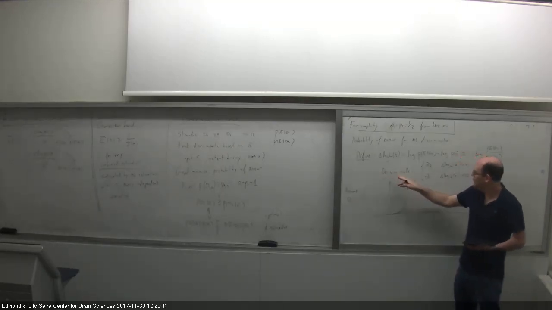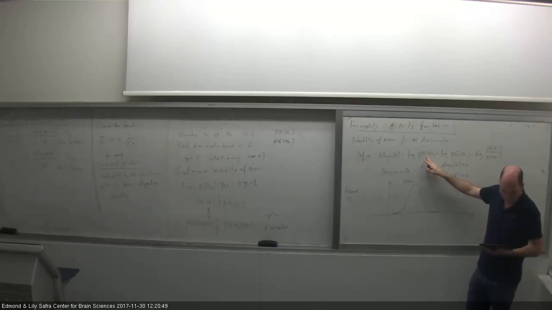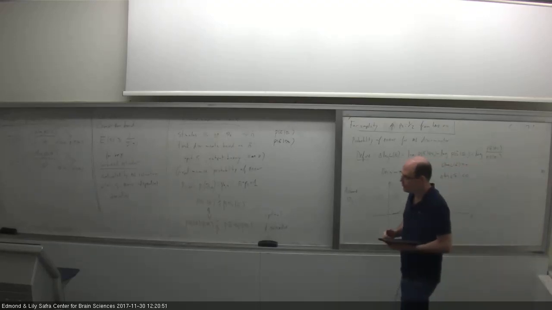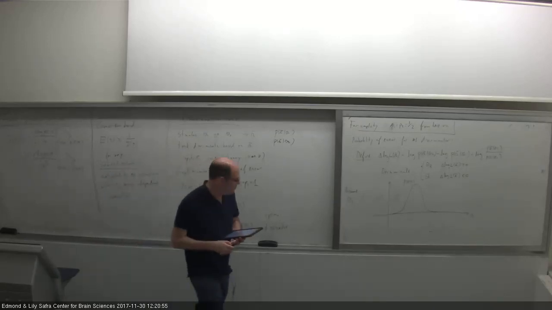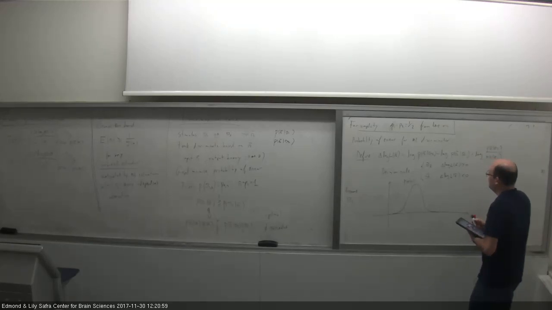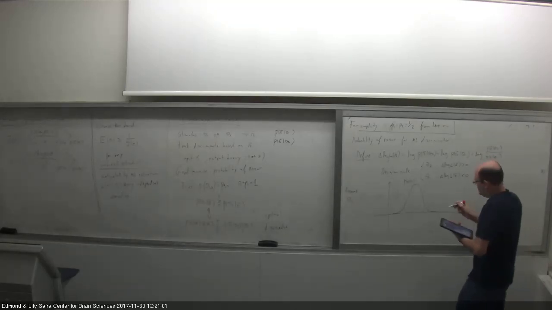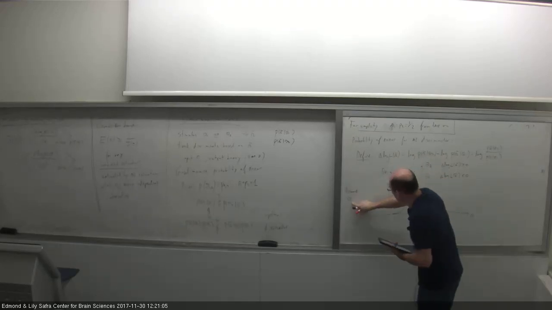But in order to make the decision, I now look at R and I need to compare P of R given theta 1 to P of R given theta 2. Actually let's put here a 2, because I think it would be nicer.